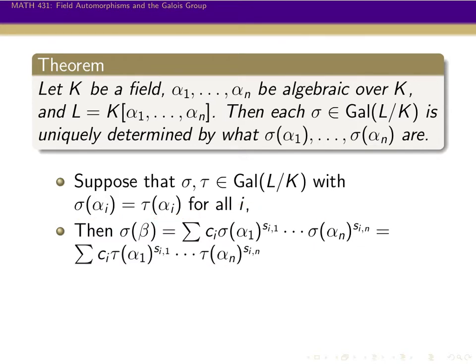We end up with c_i times tau of alpha 1 to its power times tau of alpha n to its power. But that's exactly the same thing as tau of beta. And so this is what gives us the uniqueness. If sigma and tau send each of the generators of the extension to the same place, then they had to have been the same automorphism to begin with.